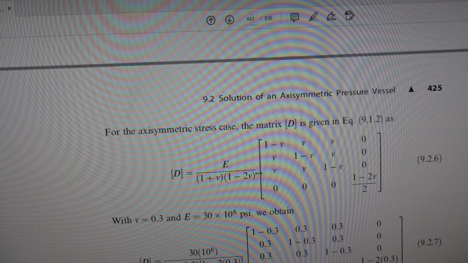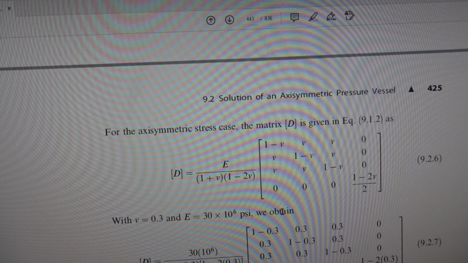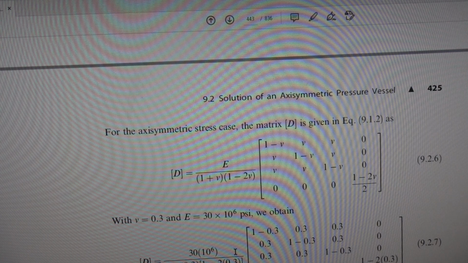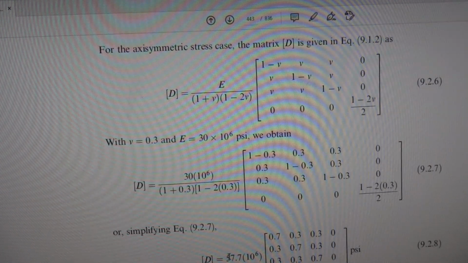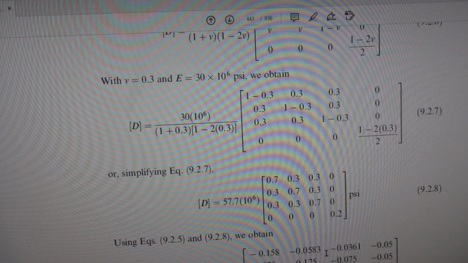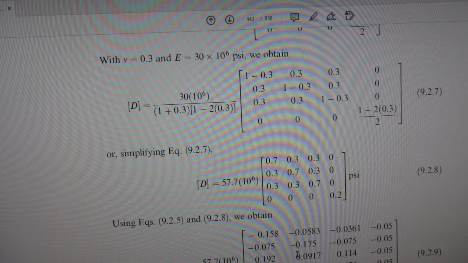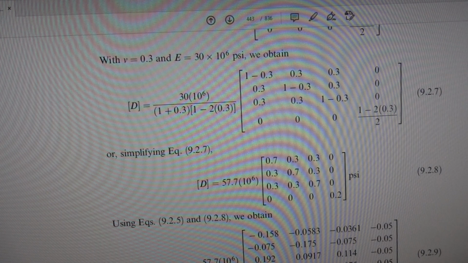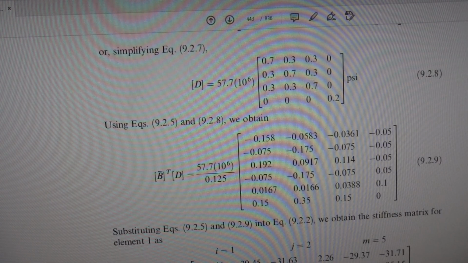So substitute the value of P and you can get the value of the D matrix. So this one is the D matrix, and when you substitute the B transpose into D, B transpose into D, then you will get this matrix.